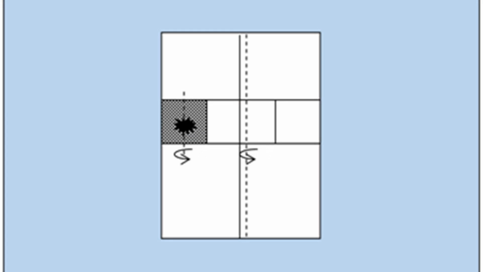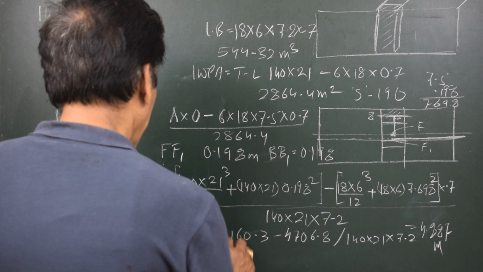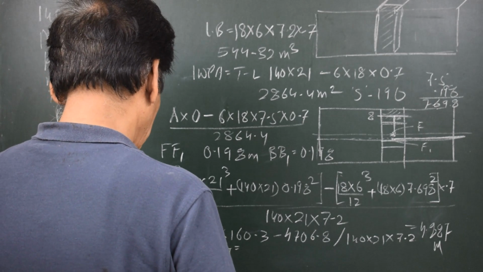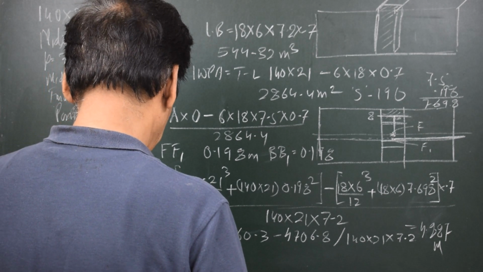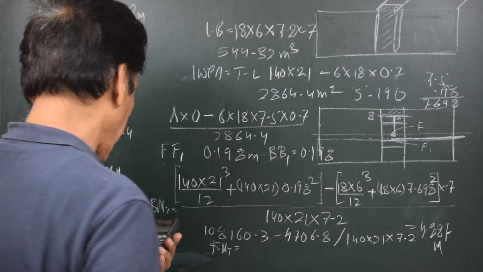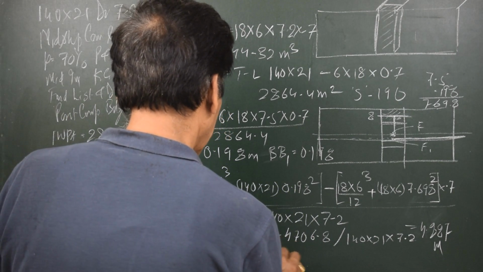We know the KB as 3.695. So what is the KM? KM transverse is equal to 4.887 plus 3.695, which gives me 8.582.